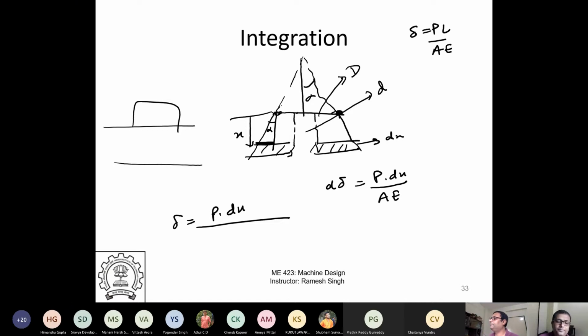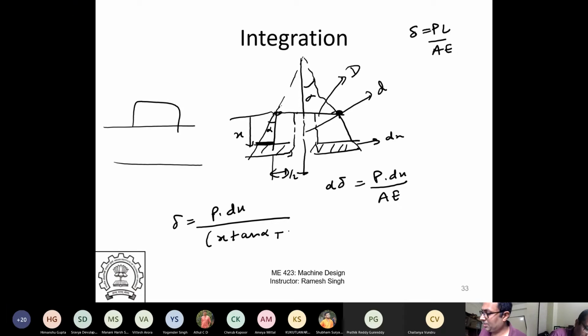It is X tan alpha, plus this distance, which is D by 2.